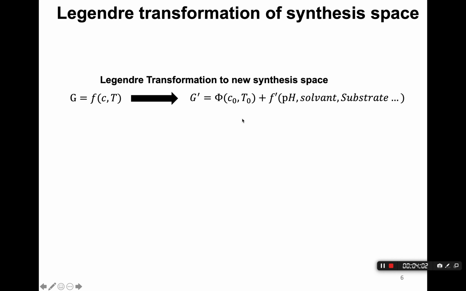Those conditions can cover pH, solvent, substrate, mechanical deformation, electric field, magnetic field, etc. So there are so many handles that we can play with in experiments. This is how the Legendre transformation works.